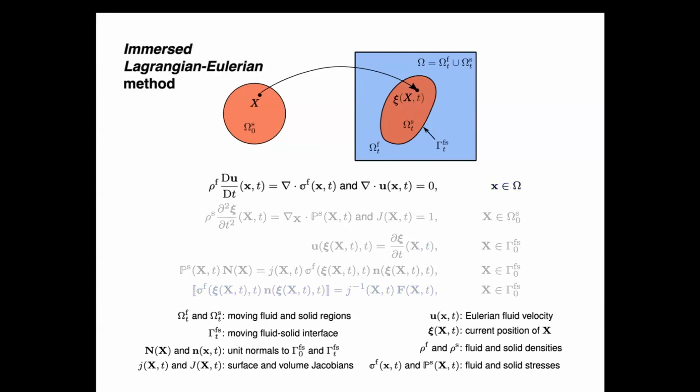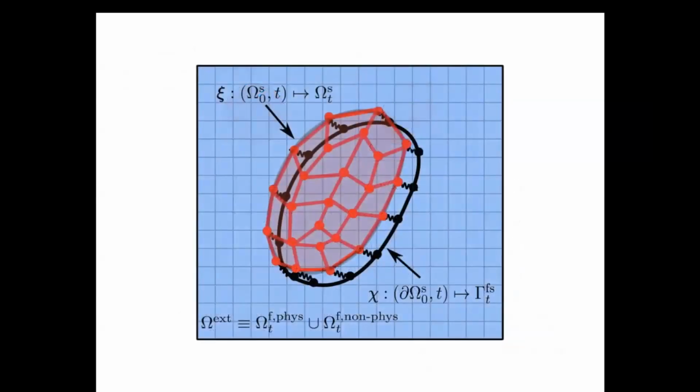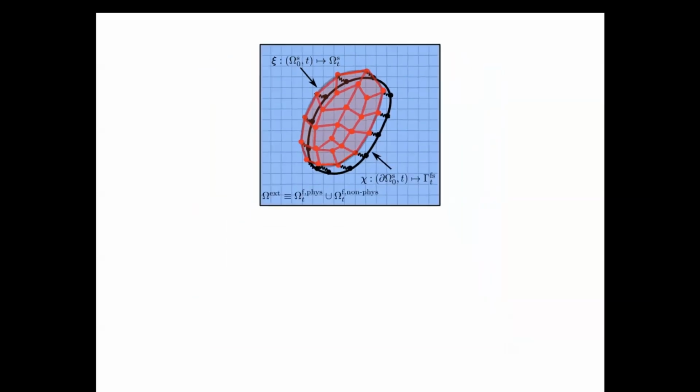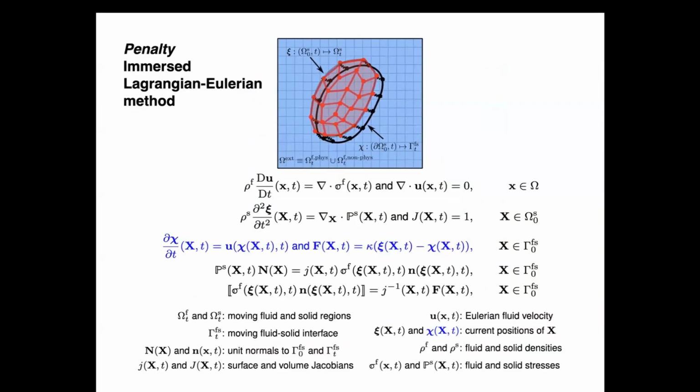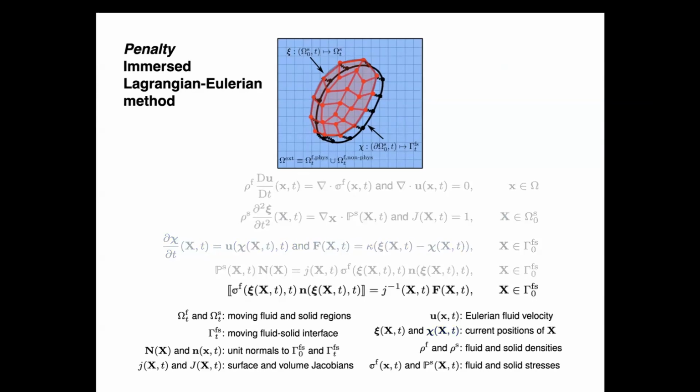I don't have enough time to tell you much about how the numerical method works, except to say that all of the coupling between the fluid and the structure happens just at the fluid structure interface and not throughout the body. That lets you put in whatever material model you want in the interior of the structure, and unless you want one, you no longer have a viscous contribution to the structural response in the structure.